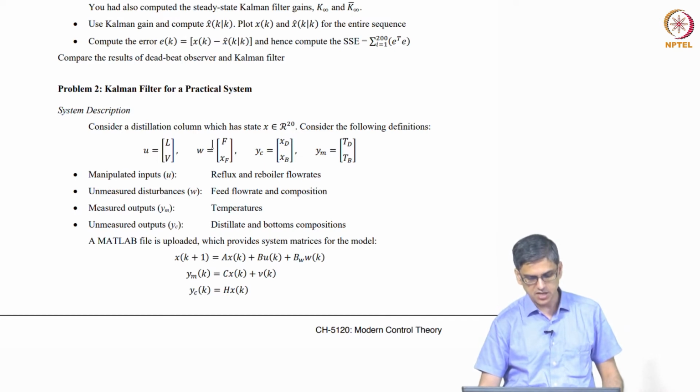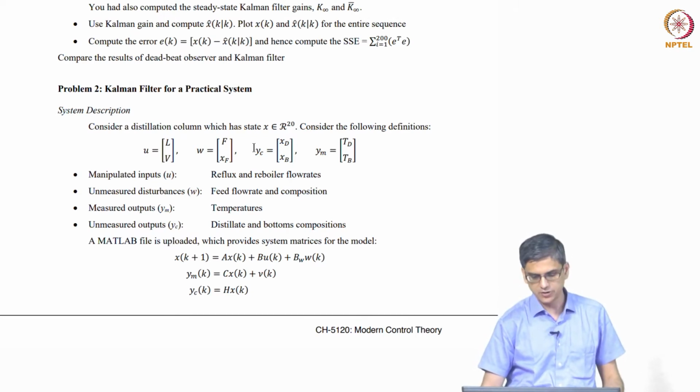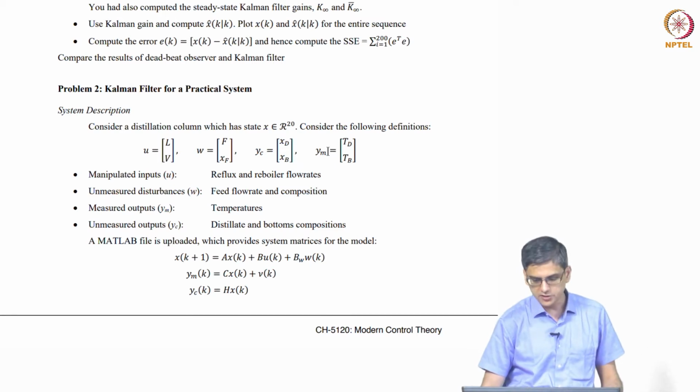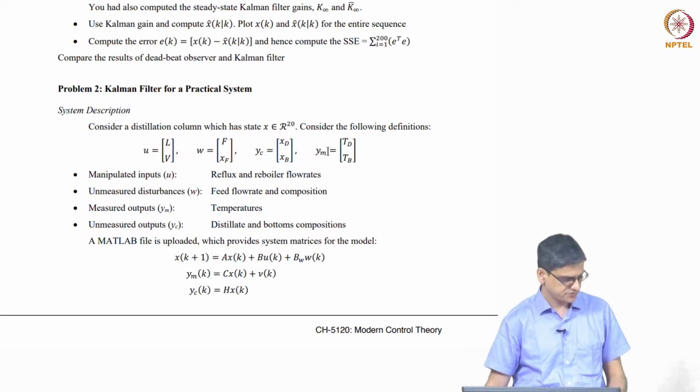Disturbance variables are flow rate and concentration. Controlled variables, the variables that you want to control at set point, are two concentrations, but the two concentrations are not measured. What you are measuring are temperatures. So, that is an example of inferential control.